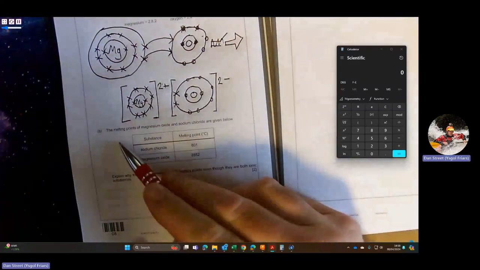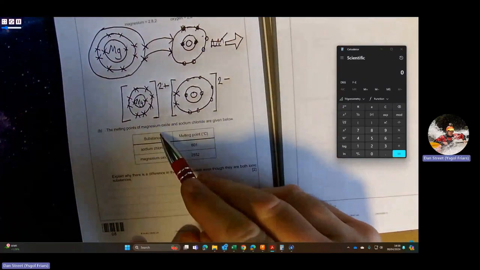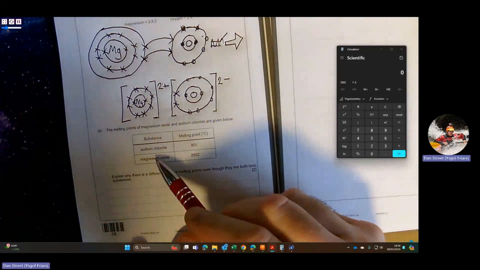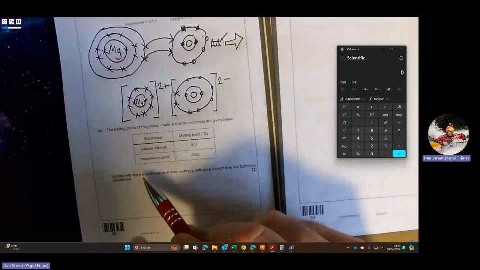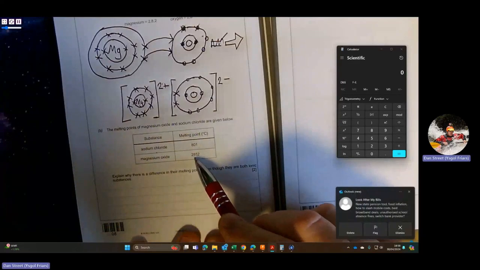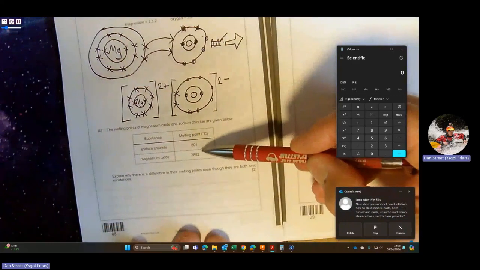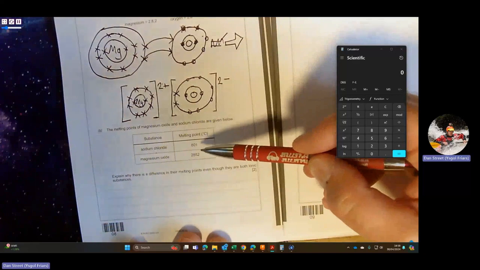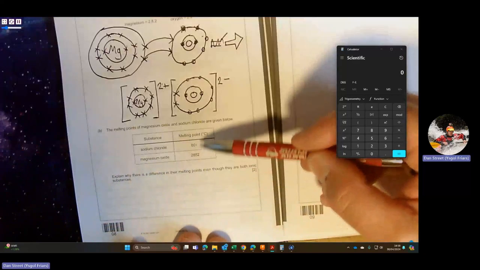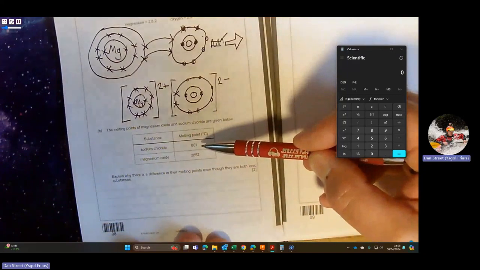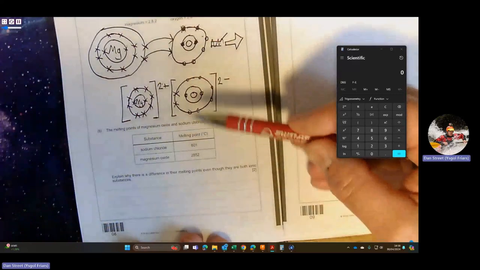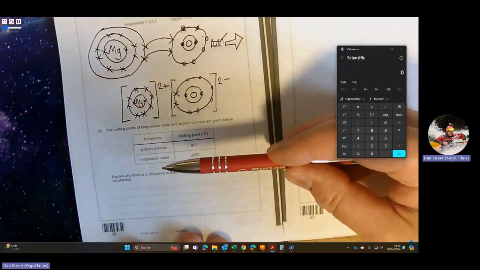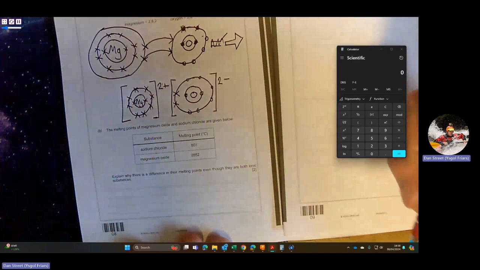This second part of the question says the melting points of magnesium oxide and sodium chloride are given below. So sodium chloride is 801 and magnesium oxide is 2852. So both these values are relatively high, but clearly this one's much higher than that one. And they're both high because ionic compounds have strong inter-ionic attraction. The negatively charged ions and the positively charged ions are attracted to each other.